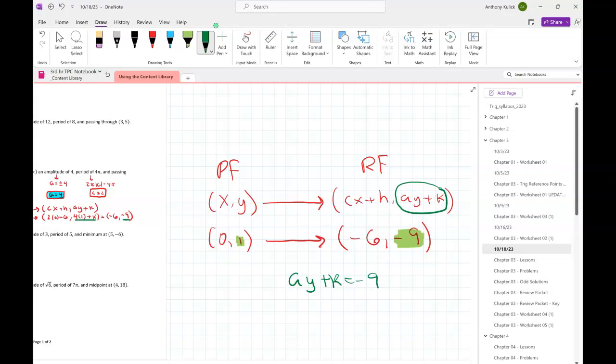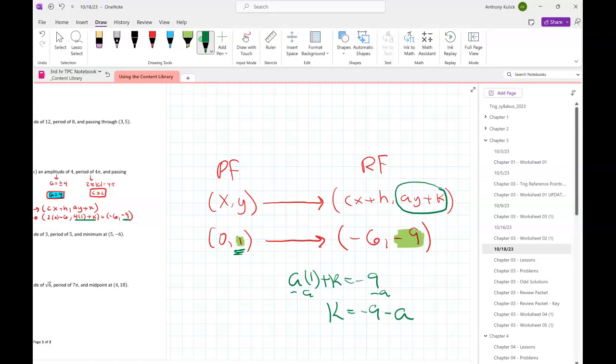The y in this case is 1, right? Because that was where we started. So the k then should be -9 minus a, right? I'm just subtracting a from both sides, just doing pre-algebra level algebra to do that.